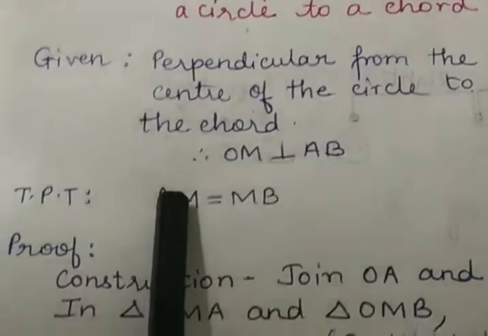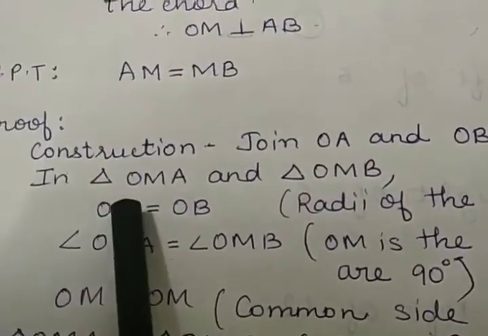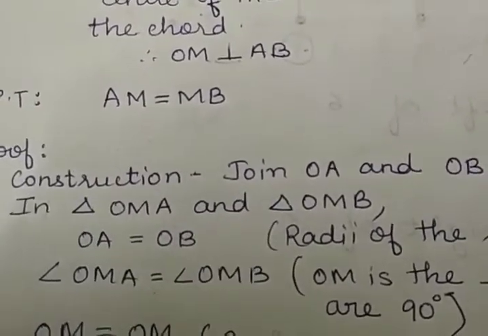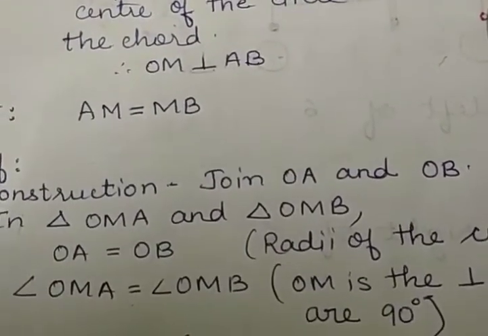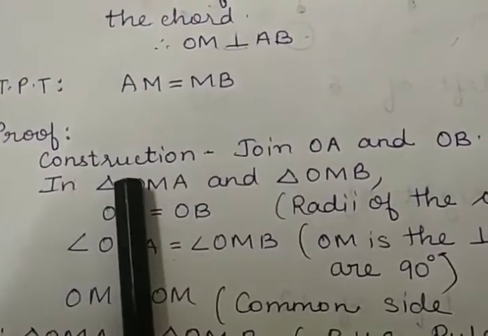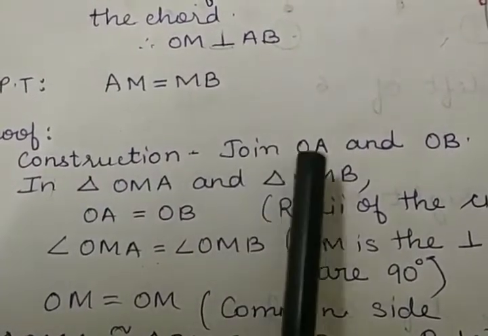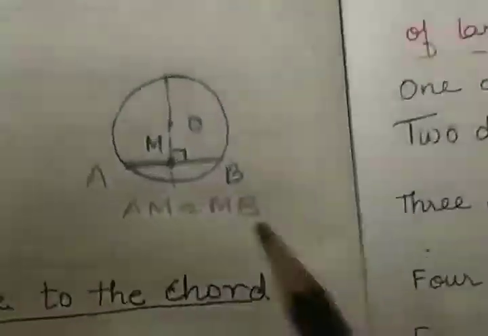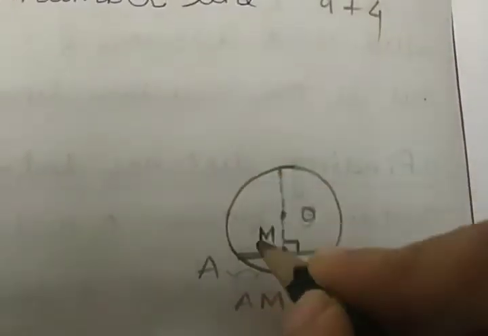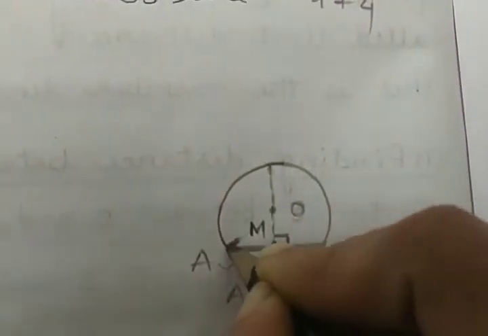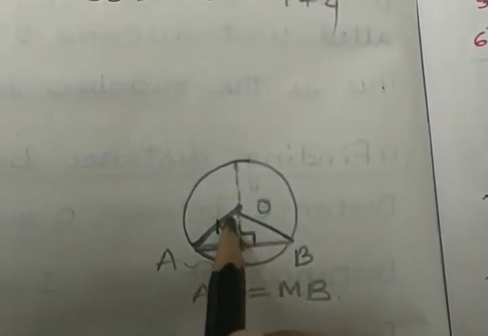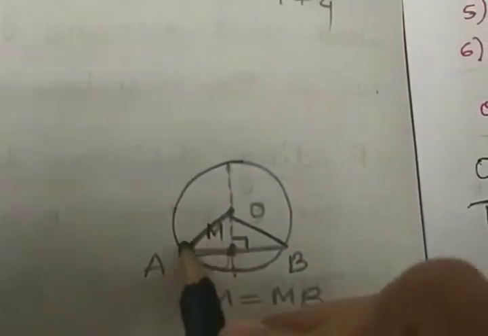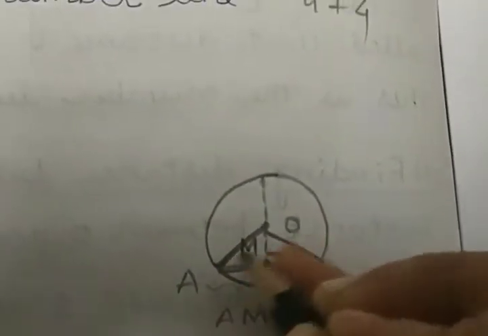So let us start the proof. To prove this theorem, I am making a construction, which means I am drawing something extra which is not given in the statement of the theorem. The extra construction I am making is joining OA and OB. So this is your figure. Why am I joining the points OA and OB?